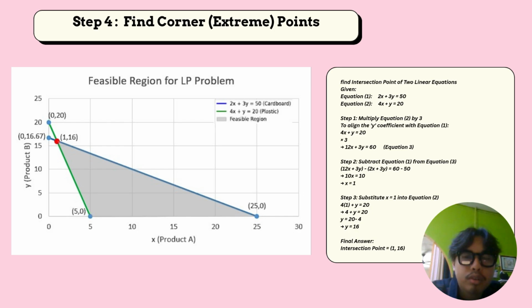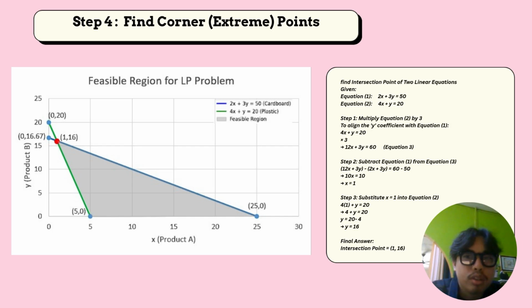4 times in brackets 1 plus y equals 20, so y equals 16. This gives us the intersection point (1, 16), which is marked in red on the graph.